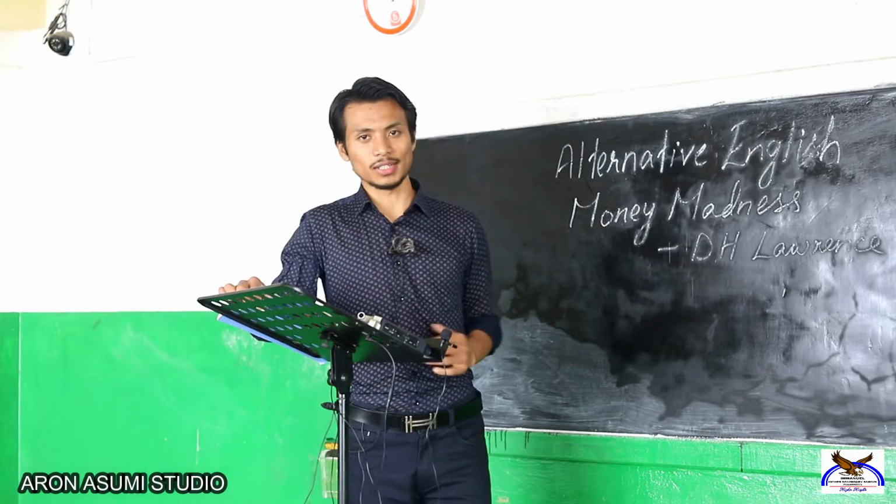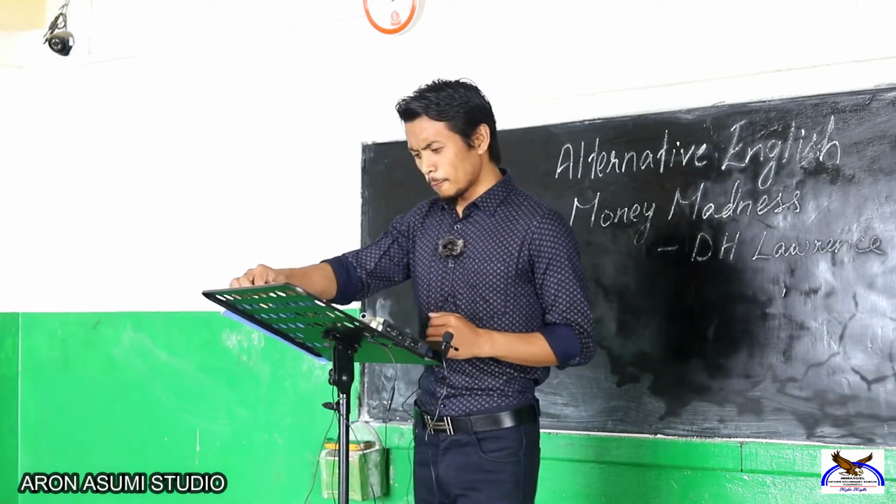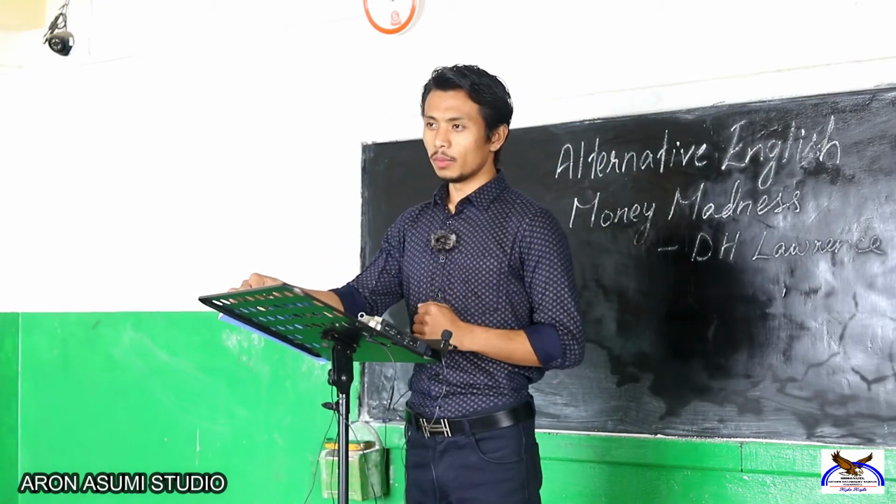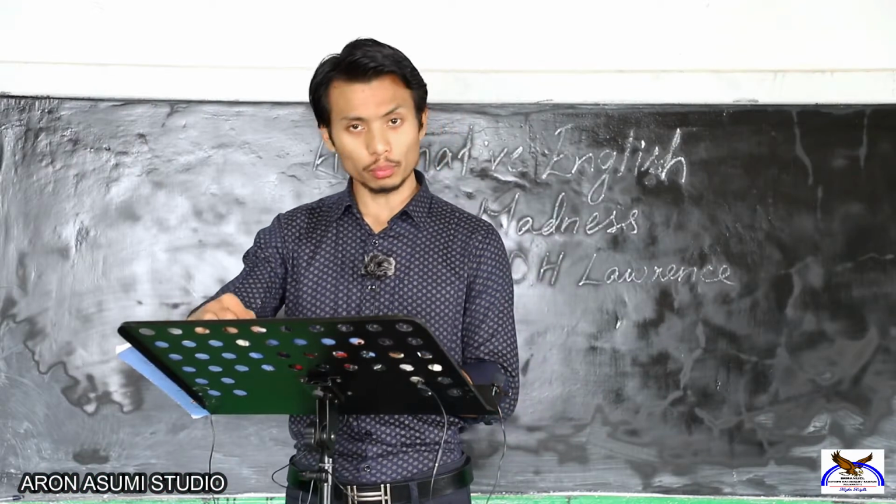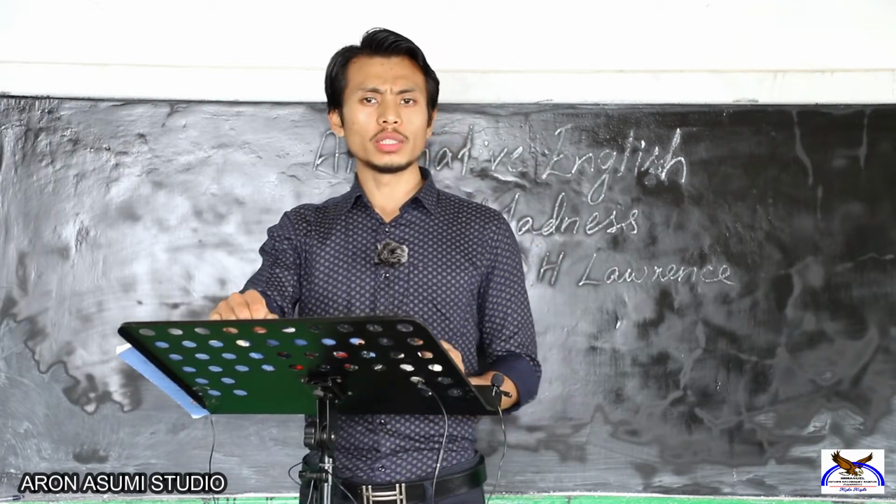Okay, let's learn a little bit about the author first, the poet. D.H. Lawrence, born in 1885 and died in 1930, is widely regarded as one of the most influential writers of the 20th century, just very recent.